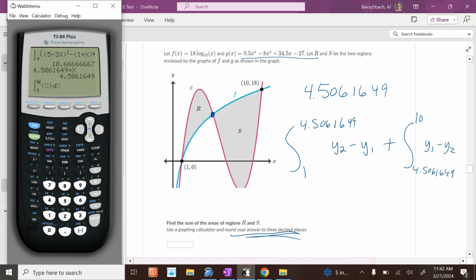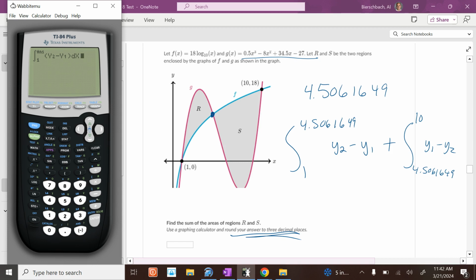Well, I can go second answer, yeah. I just hit enter there. And then I go vars, y vars, enter, y2 minus vars, y vars, y1, dx.